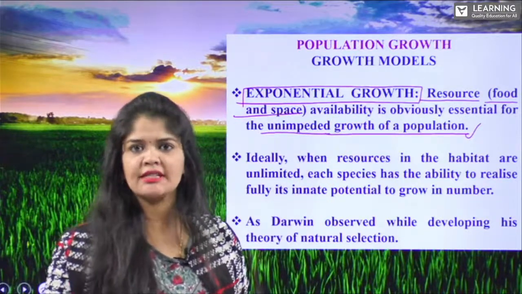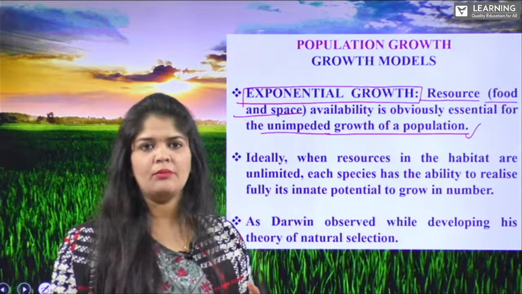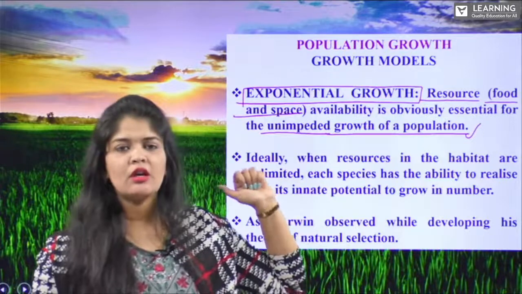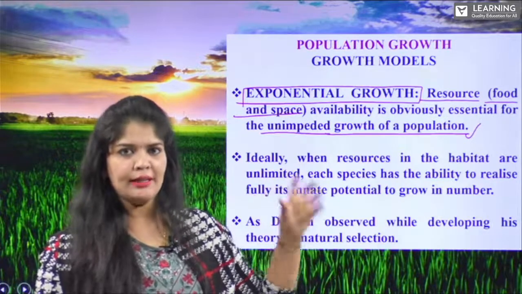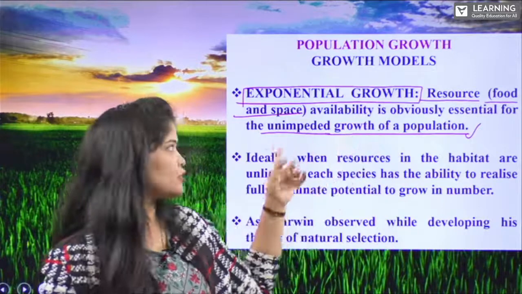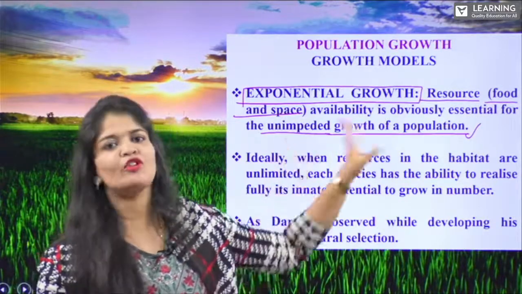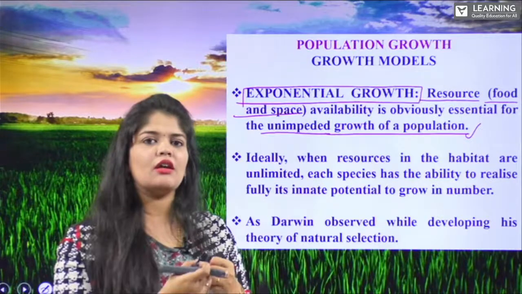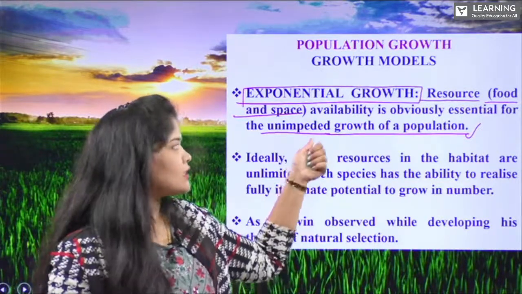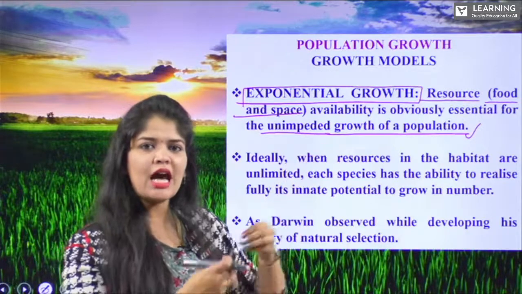Availability of food is unlimited and unlimited space is available. Then obviously it results in ever-increasing, unstopped growth of the population. There is no factor that is going to stop the growth of the population.